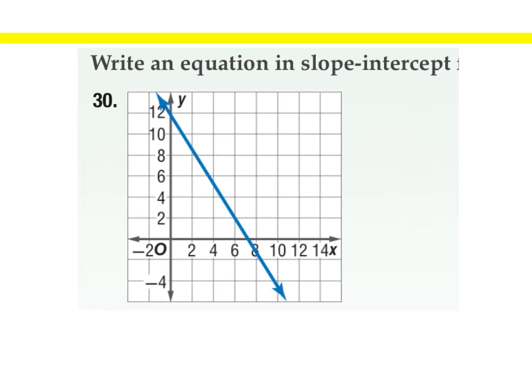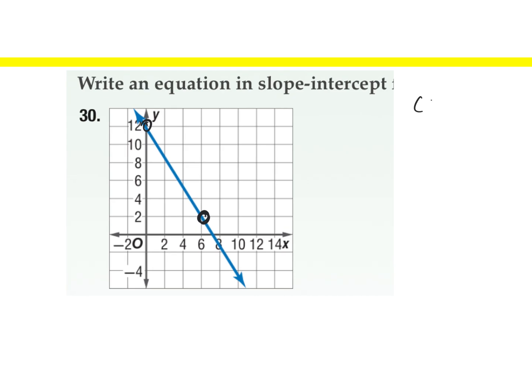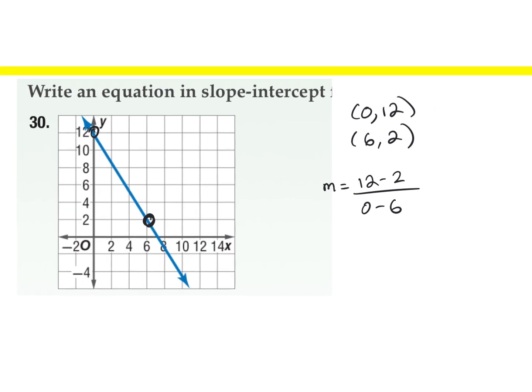So one way to find the slope would be to pick points. A good set of points to pick are points that overlap, so kind of those 2 points. I can choose the point (0, 12) and the point (6, 2). You can find the slope the first way using the slope formula: 12 minus 2 over 0 minus 6.